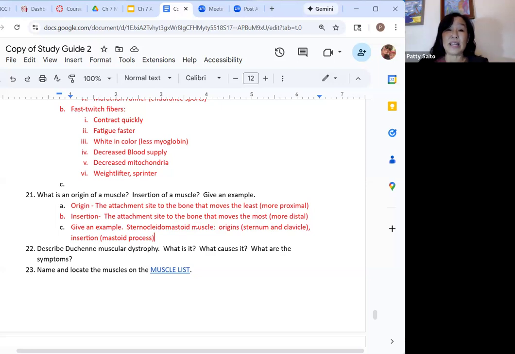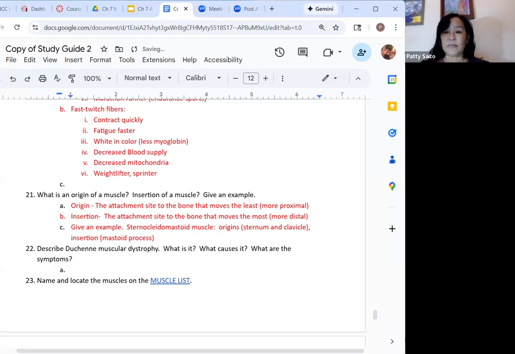How does it move the body? So you're going to look at the muscle list at the end and learn the names, learn the location, and be able to identify all these different muscles from a diagram. All right.